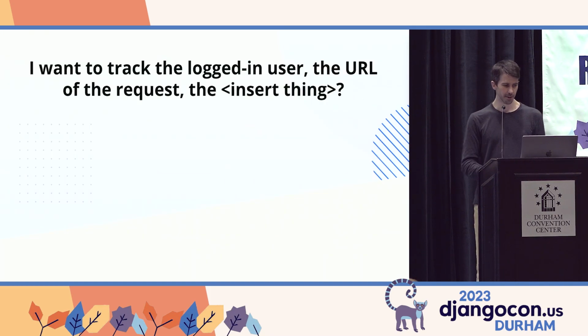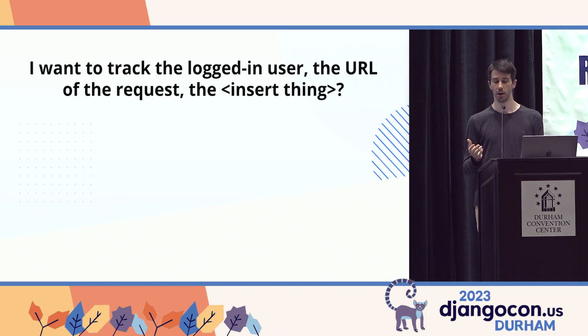And finally, I'm going to go into more detail about this because this is a fundamental part of the library, and it's the last fundamental part I'm going to talk about. The biggest burning question is, I'm tracking all these events and all these changes. How do I associate the change with the logged in user that hit a button on the admin, or the user that was the authenticated user of an API request?